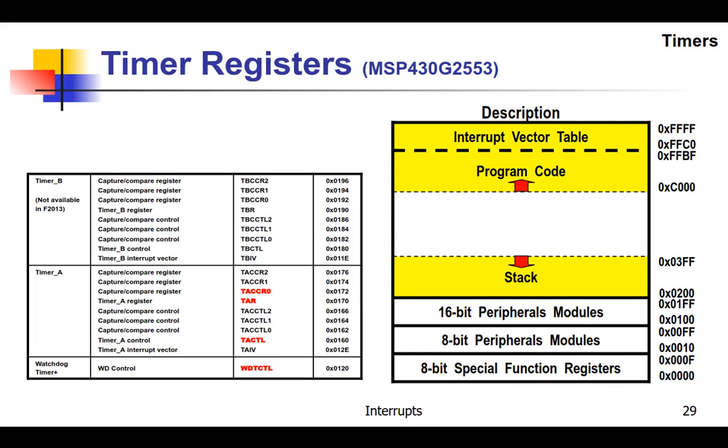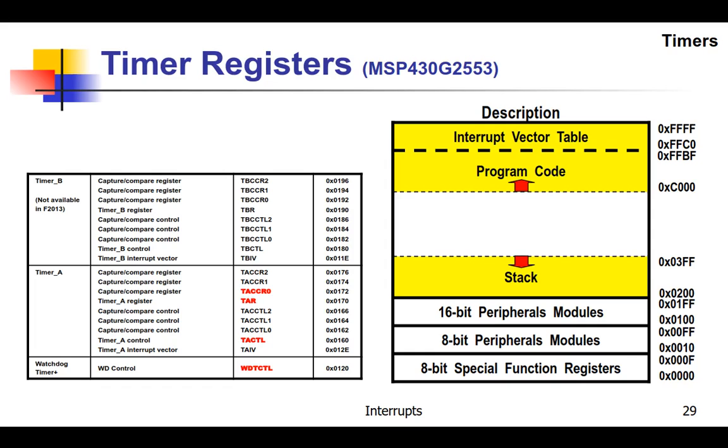So here's how the timer control registers are laid out in the MSP430G2553. They're similar in the MSP430F5529 that we use, but the actual addresses are different. You can see a memory map over here on the right. Up at the very top is the interrupt vector table, and that's where the ISR subroutine addresses are stored.